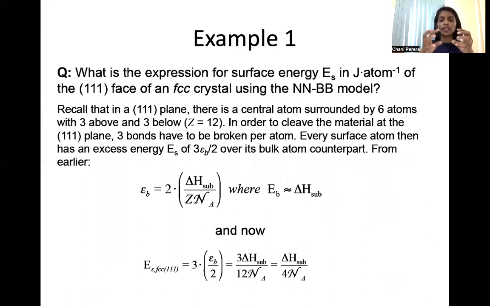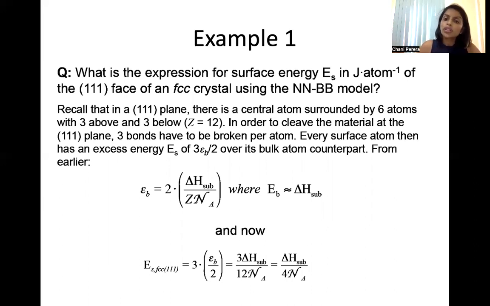So you have 3 above and 3 below. For the FCC, if you calculate, the coordination number is going to be 12. If you refer to that YouTube video, that lady clearly shows how the coordination number is calculated. So here, the coordination number is 12.